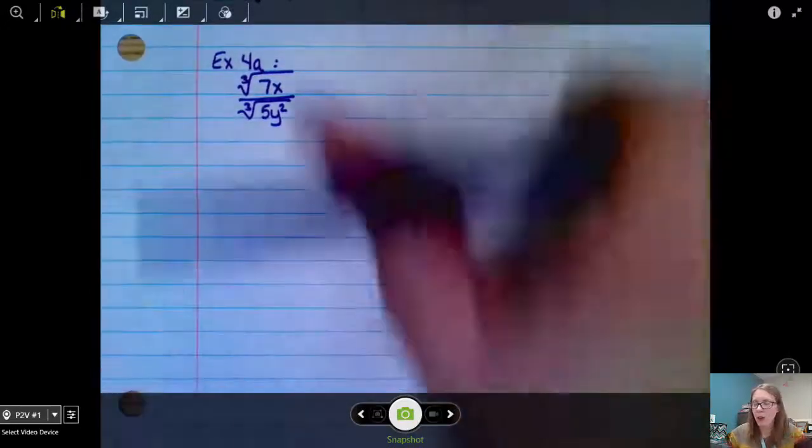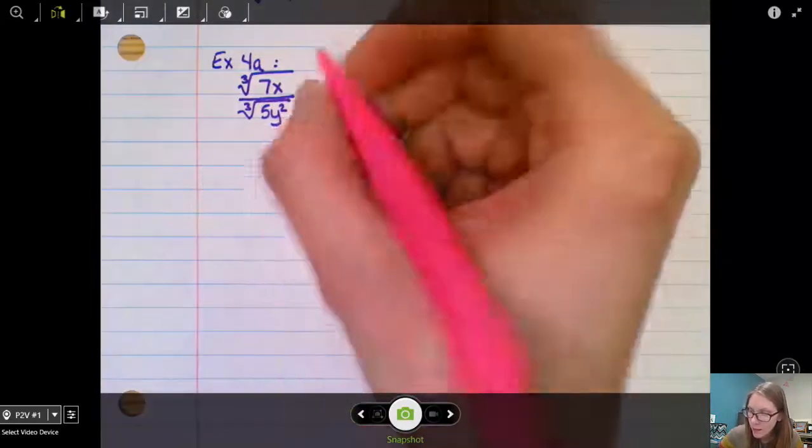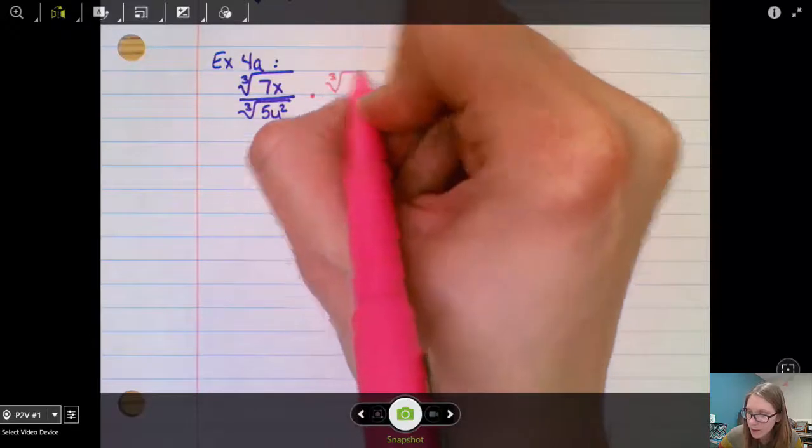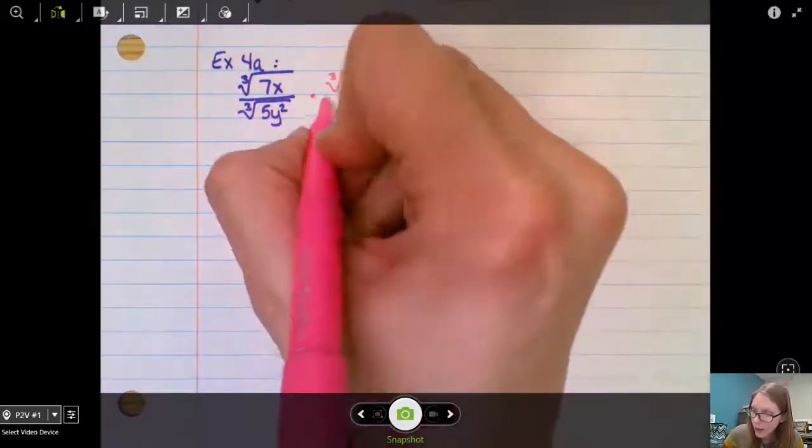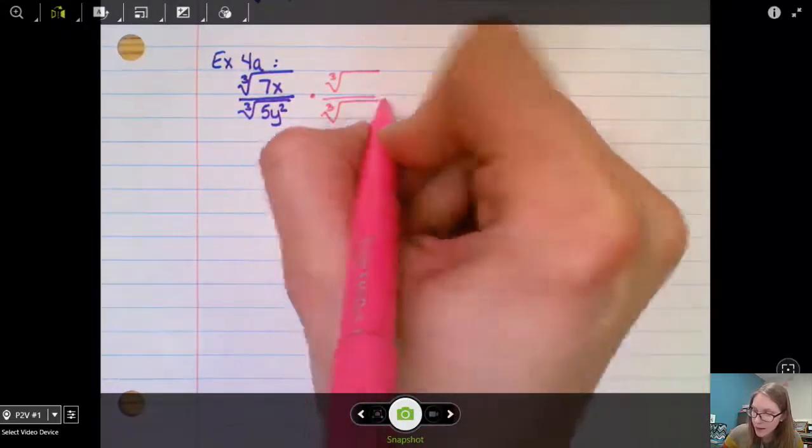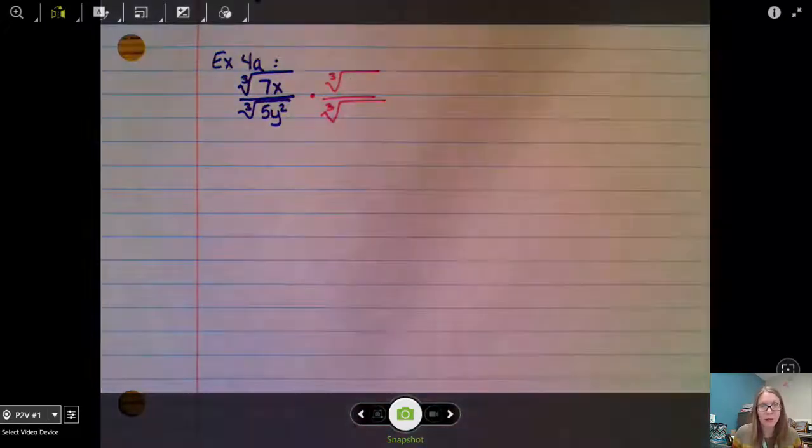Down here, we're going to do a similar process. We just have a cube root instead. Okay. So we have to figure out, what do I need to multiply by? I'm going to have to multiply by the cube root of something on top and on the bottom. And these somethings need to be the same.